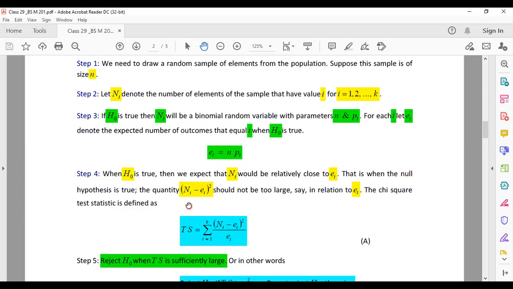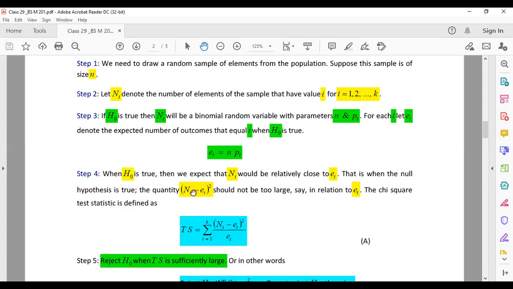If I am calculating the deviation of observations from the mean, then there is a very well-known theory which says the sum of the deviations from the mean is always 0. Although these Ei are not means, in one sense it is a mean, because it is the expectation of something. Anyways, it may be 0 or may not be 0, but we want to avoid this kind of scenario.